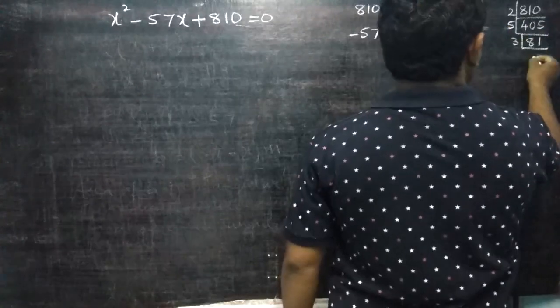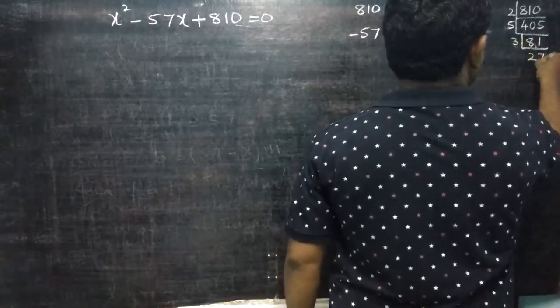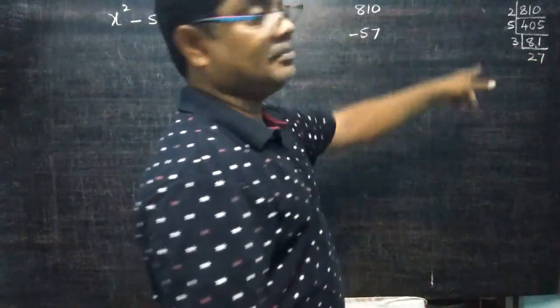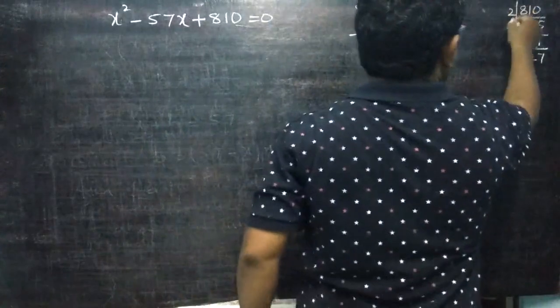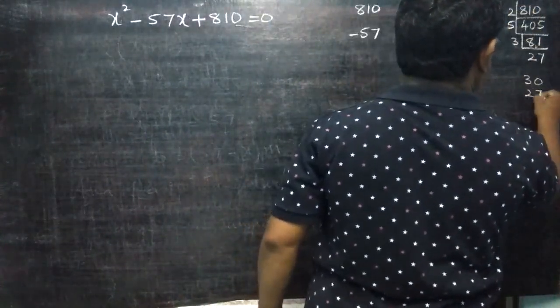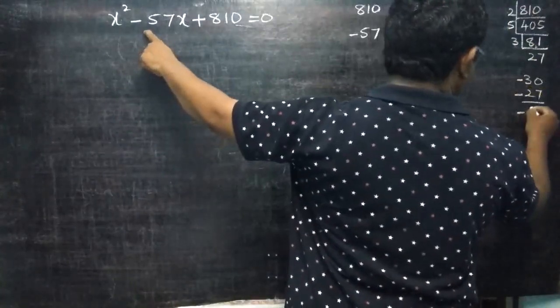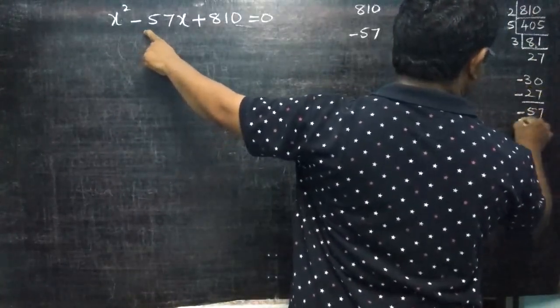Now 3 table, 3 2s are 6, 2 remaining, 21, 7 3s are. Here 57, here 27, there is some relation. 2 5s are 10, 10 is 30, 30 and 27. How much should come? 57. So both negative, minus 57, both are same signs means.